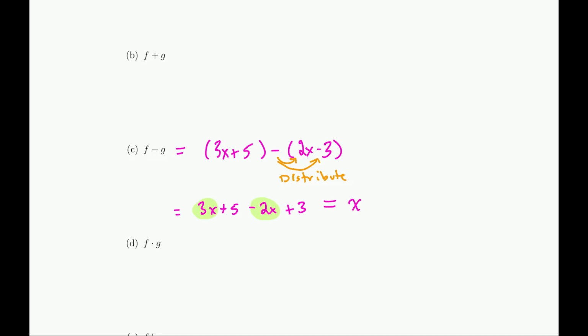And the 5 and the 3 are like terms. Positive 5 and positive 3 add up to 8. So this is what f minus g is. You do have to be careful and use parentheses when you've got multiple terms like that. Otherwise, you would get the wrong sign on this 3, and then the whole thing would be wrong. Okay, so I hope that makes sense.